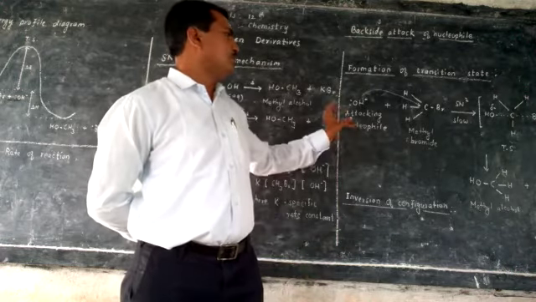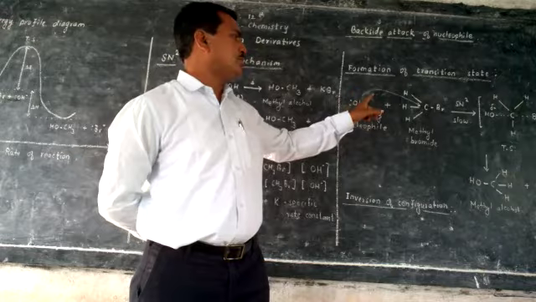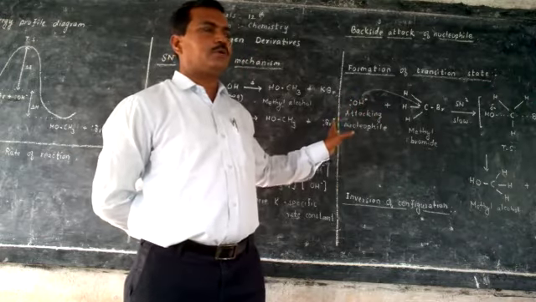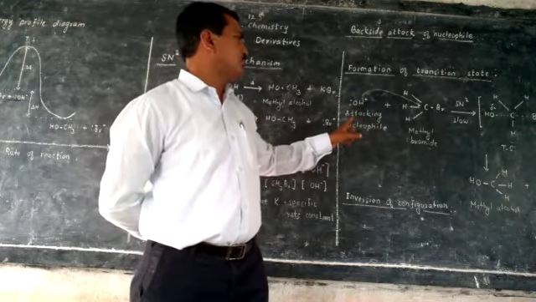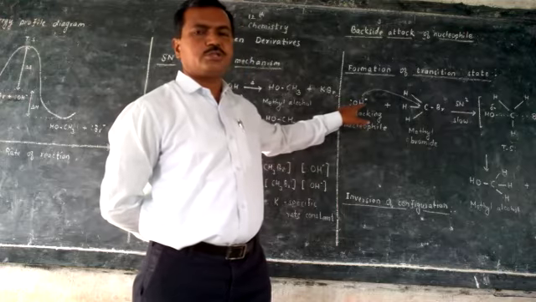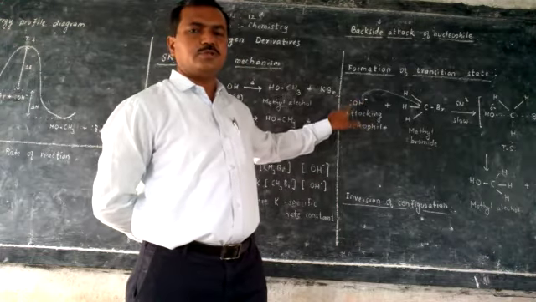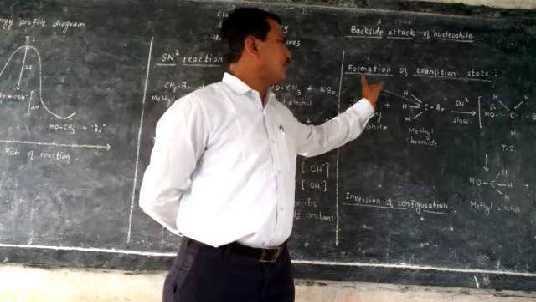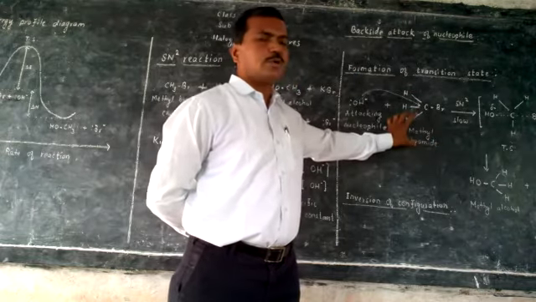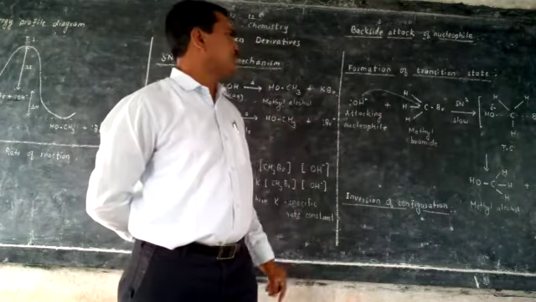Both are nucleophiles and both are negatively charged, so they repel one another. Therefore, this OH negative, which is the nucleophile, attacks the carbon atom of methyl bromide from the backside.